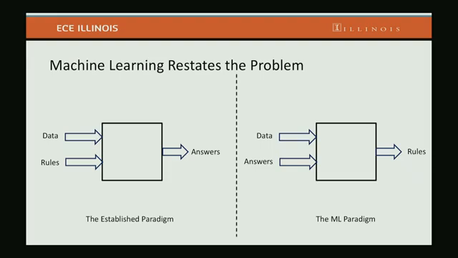The ML paradigm is different. Here what we're going to do is, I've got some data, red light. I know the answer. Decelerate the car. And what I'm going to do is let the system figure out the rules. Clearly the red light is not the only reason you would decelerate the car.